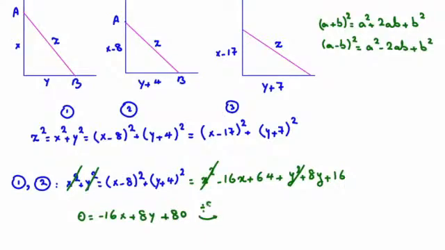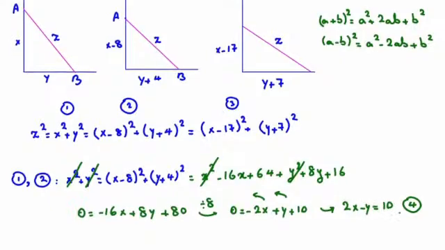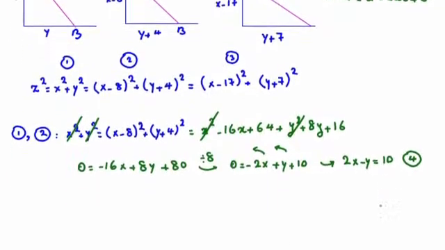Then we can divide both sides by 8. And it will be 0 equals negative 2x plus y plus 10. Then we take negative 2x and y to left hand side. It will be 2x minus y equals 10. Okay. So we call it equation number 4.